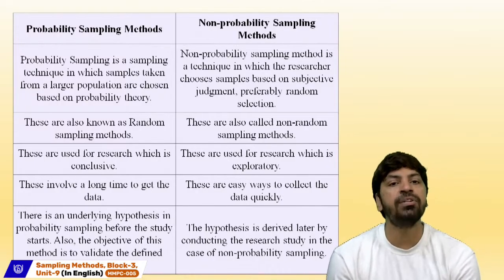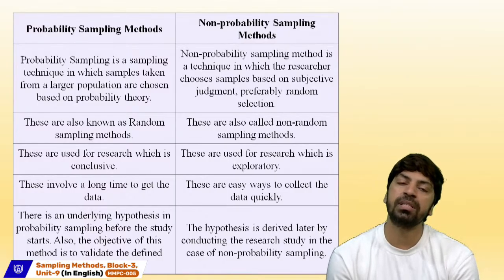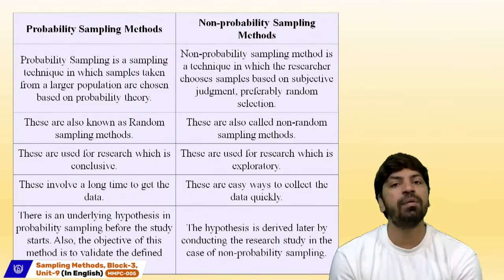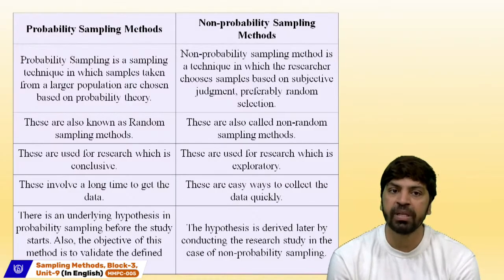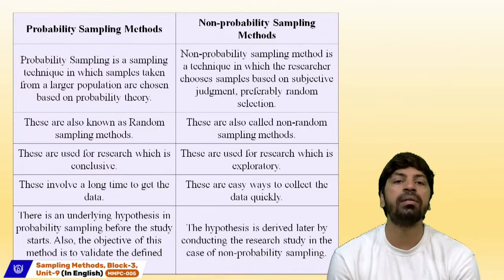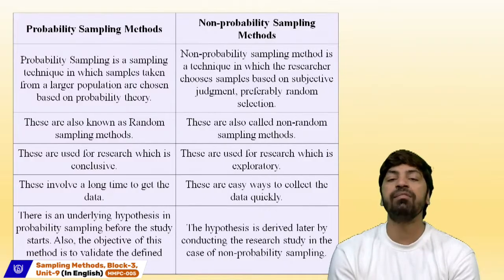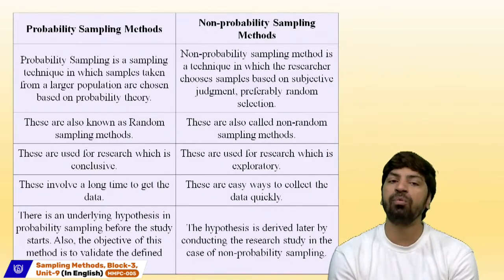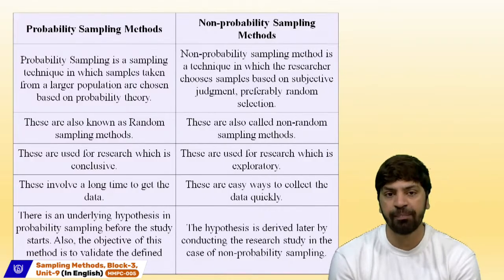Probability methods are used for conclusive research, but non-probability methods are used for exploratory research. Probability sampling takes a long time to get the data, but non-probability sampling is an easy way to collect data quickly.